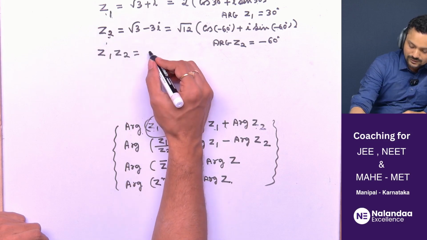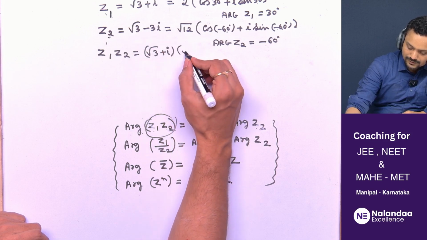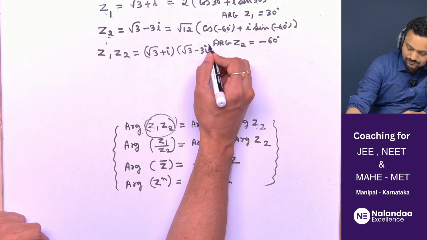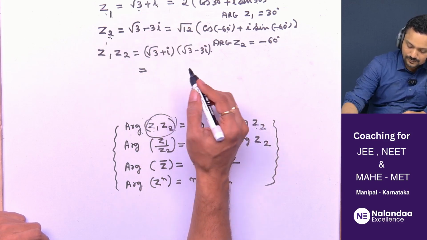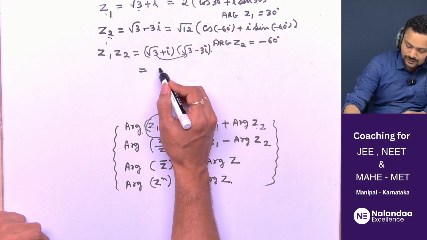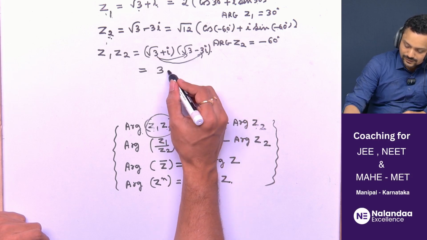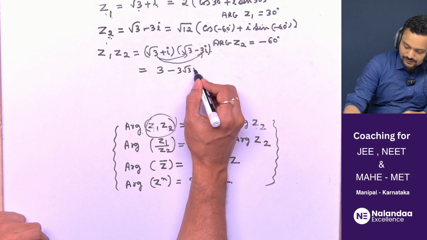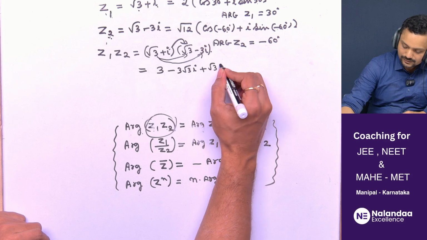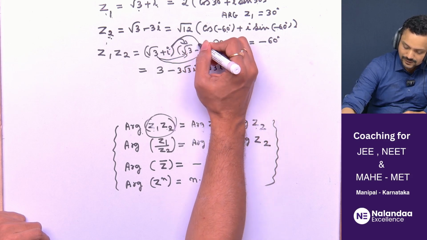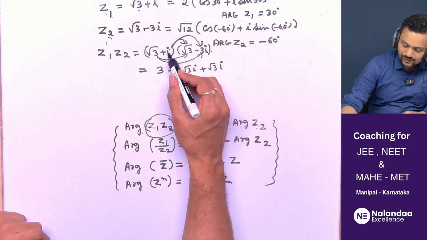Let me just quickly multiply these two complex numbers. If you do z1 into z2, you will get root 3 plus i into root 3 minus 3i. If you simplify, root 3 into root 3 is 3, then root 3 into minus 3i is minus 3 root 3 i, then i into root 3 is root 3 i, and i into i becomes i square, which is minus 1.